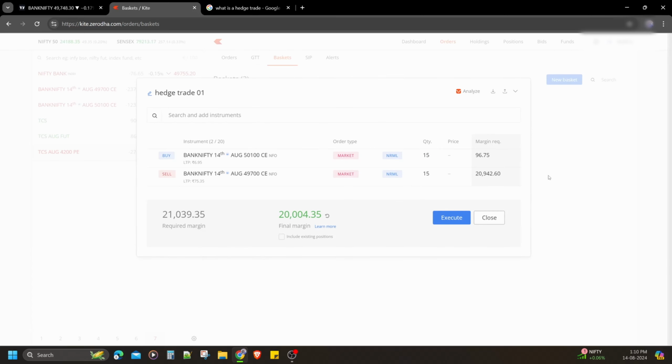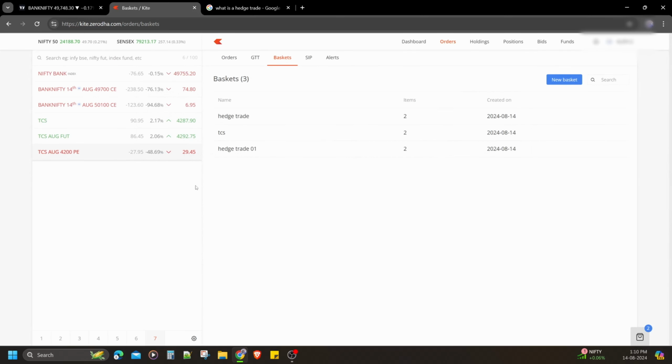And one more thing guys, now that you have entered the hedge trade, there is a way to exit also. Never exit the hedge trade in the first place. At buying time, we should execute the hedge trade first, and later we execute the main trade.